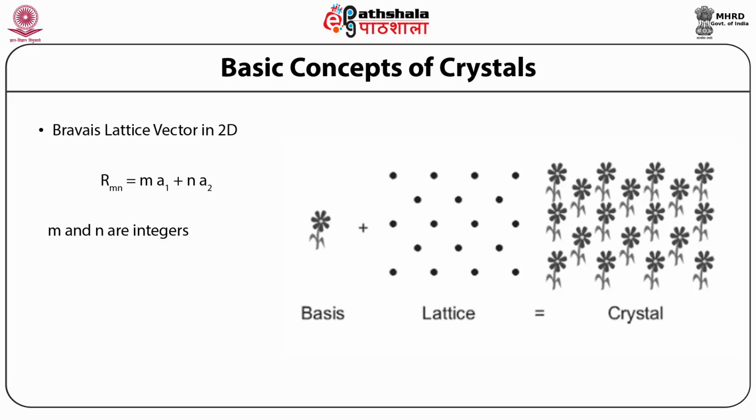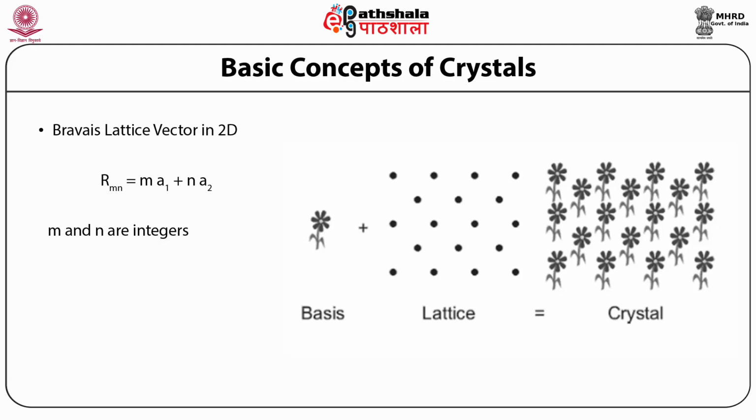If we follow this rule, first we define the axes a1 and a2. The dimension of each axis is fixed, and by using any integers m and n, 1, 2, 3, 4, 5 etc., you can go to any of the flowers. Basically, this equation is for the lattice.